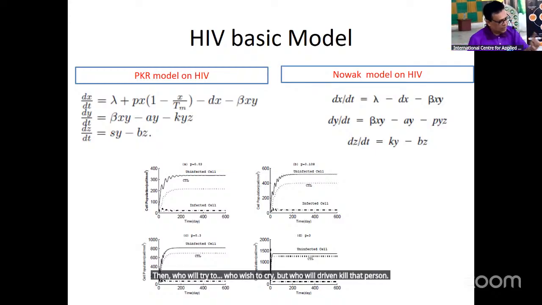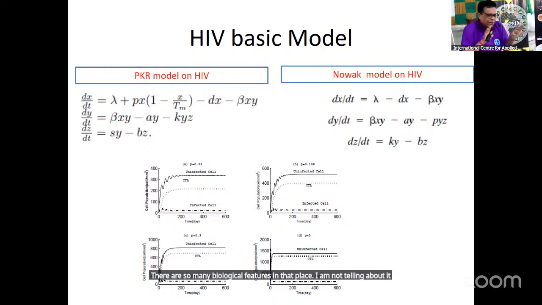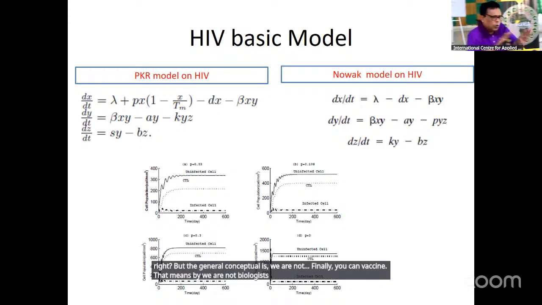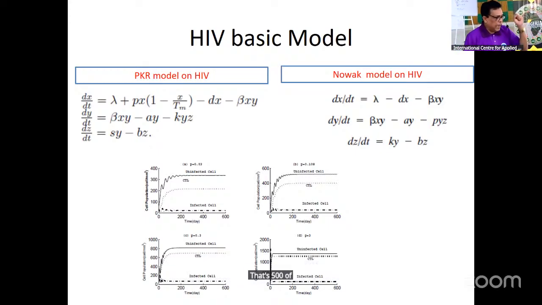There are so many biological features in that, but we are not biologists, so we will not go into that part. The cytotoxic T lymphocytes try to kill that particle, since a harmful element has entered our body.